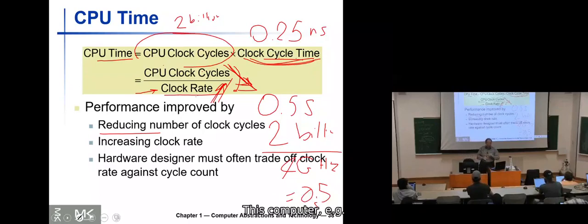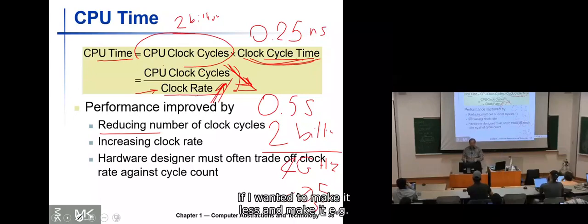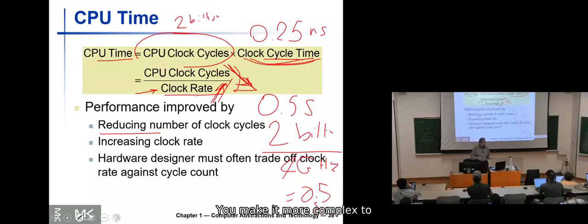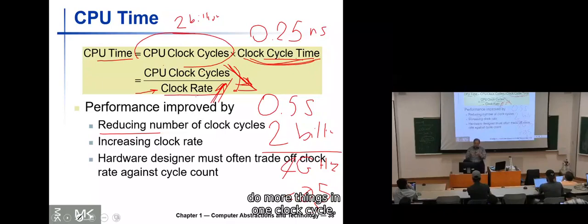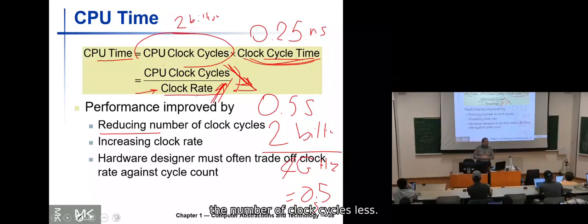This computer, for example, is doing this in a billion clock cycles. If I wanted to make it, for example, 500 million, then my processor would be more complex. Isn't that right? You make it more complex to do more things in one clock cycle, so it will make the number of clock cycles less.